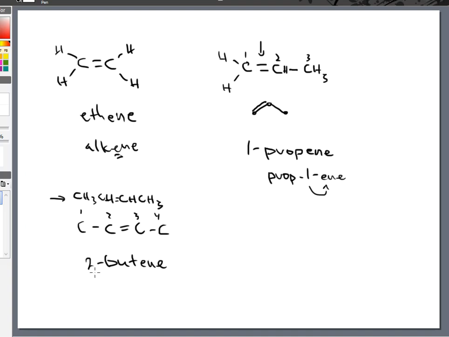If you left off the 2, you're wrong, because I would assume that it's a 1. And a 1-butene, because you did not write the number, it does exist, and it looks like this. So 1, 2, 3, 4, there's but, and on carbon 1, I have the ene, and on carbon 1, I have the double bond. So that is what that structure would look like.